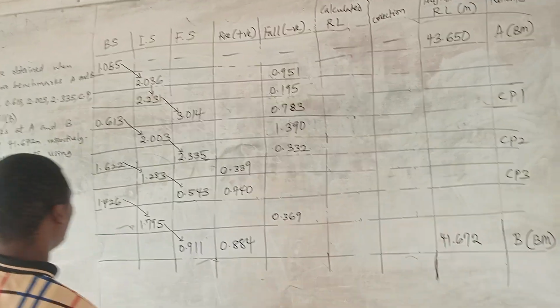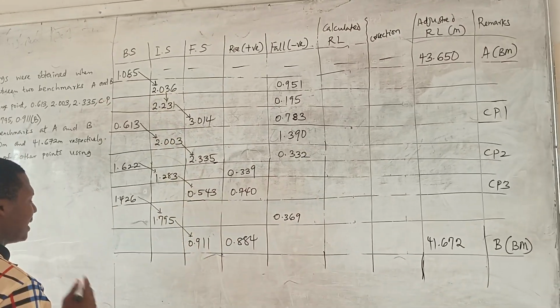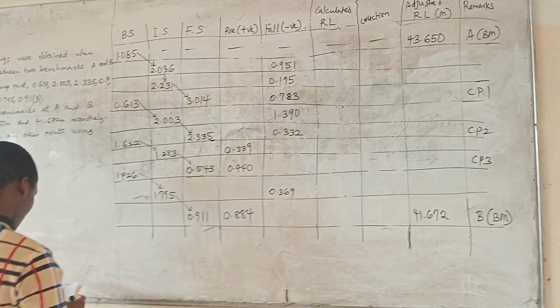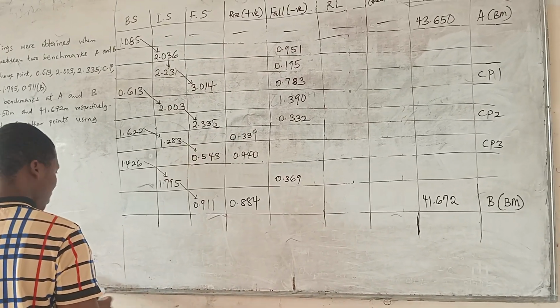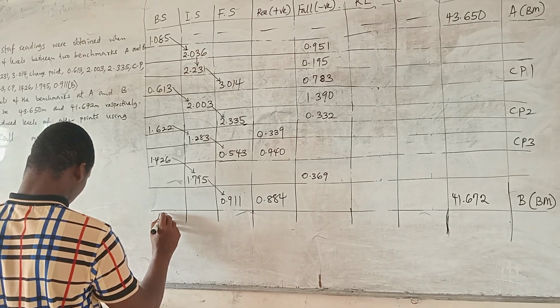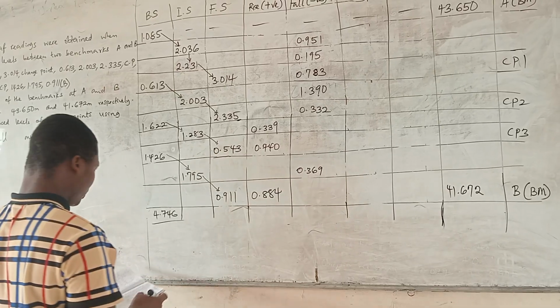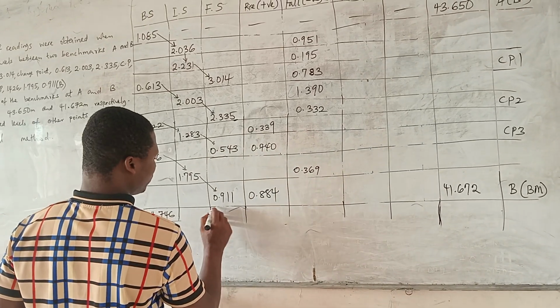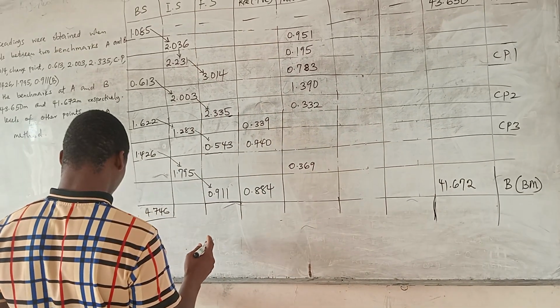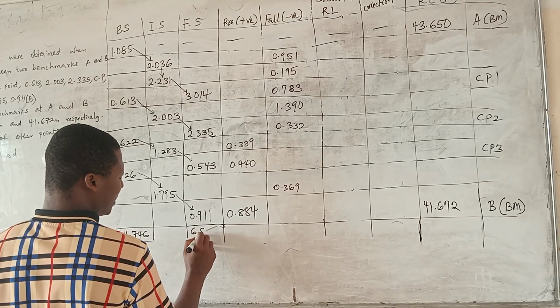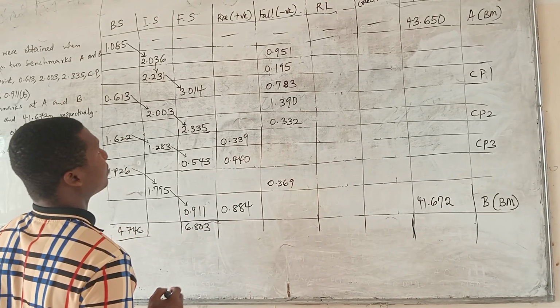Alright, so sum all these backsights together. If we sum that, we have 4.746. Also, the foresights, if you sum all the readings here, we have 6.803.